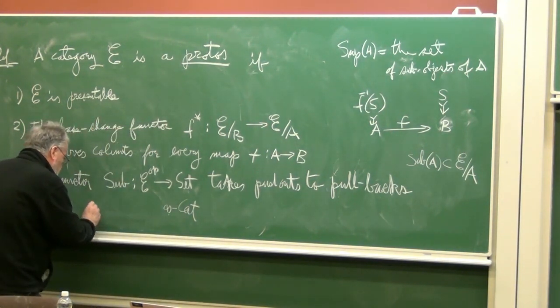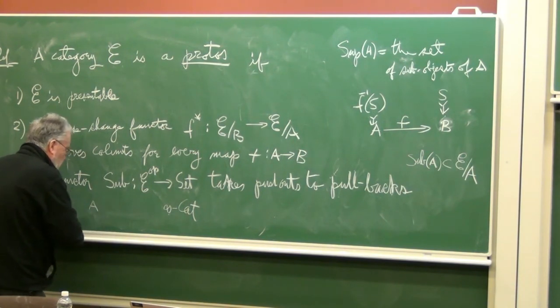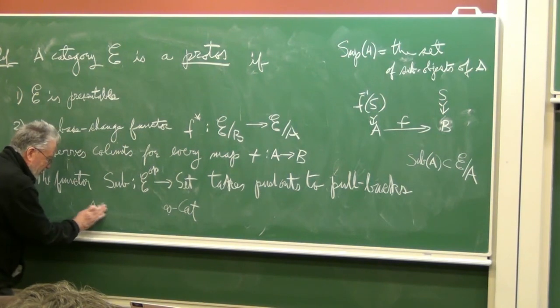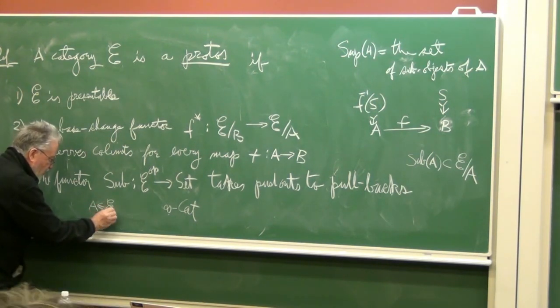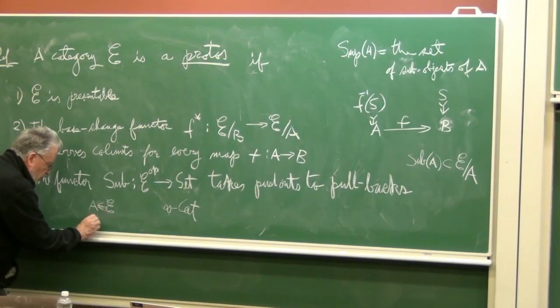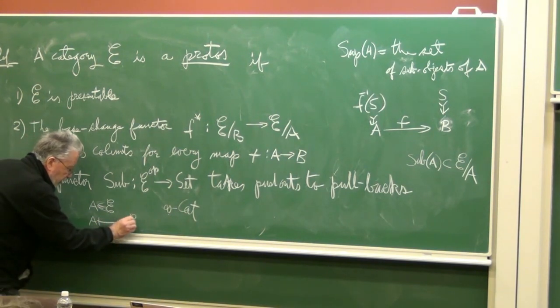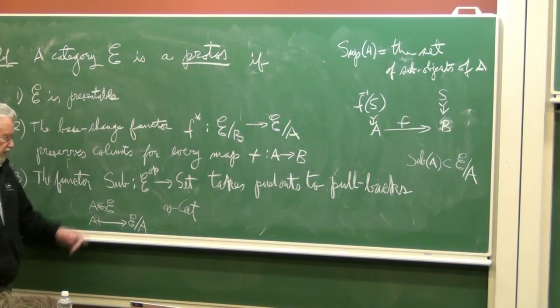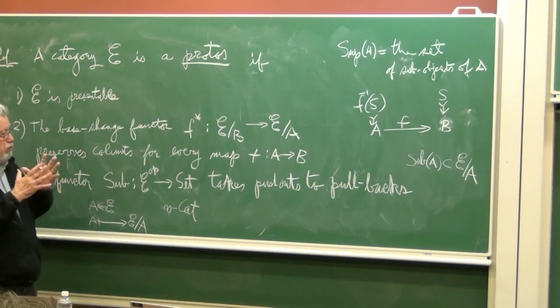And the functor takes an object in the topos and sends it to E over A. And what you say is that it takes pushout to pullback.